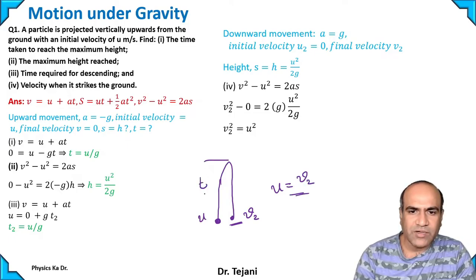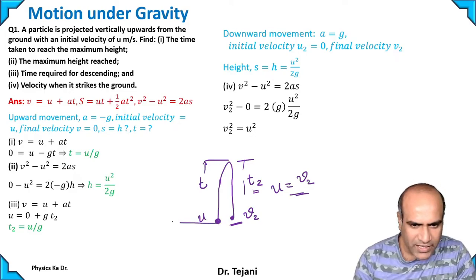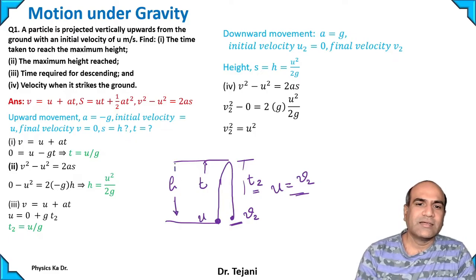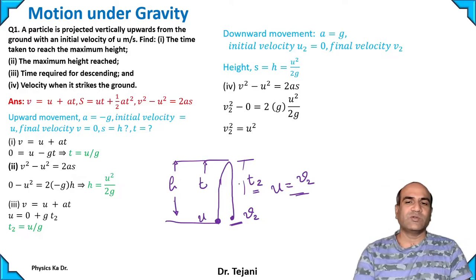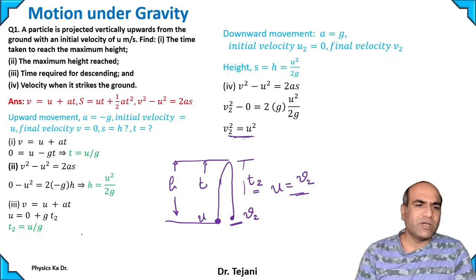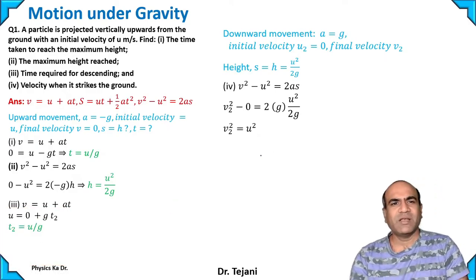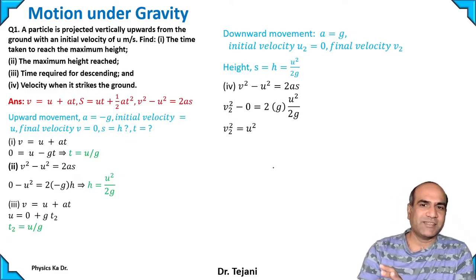Whatever time is taken during the upward movement, a similar time is taken by the returning movement, and the height during upward and downward movement is also similar. There is no change. These things you have to remember. You can directly find them without calculation, but we can do it like this. So that is the question: a very simple, fundamental question to understand these equations.